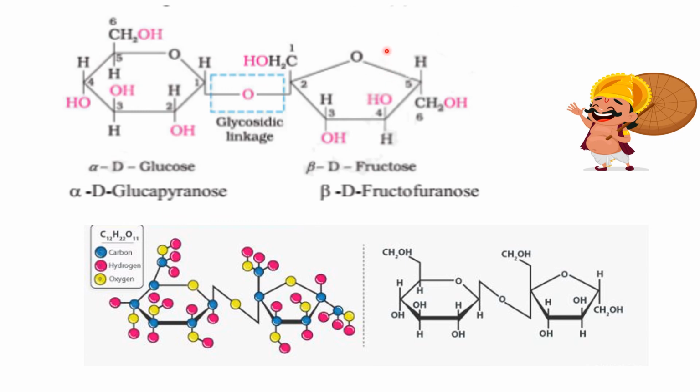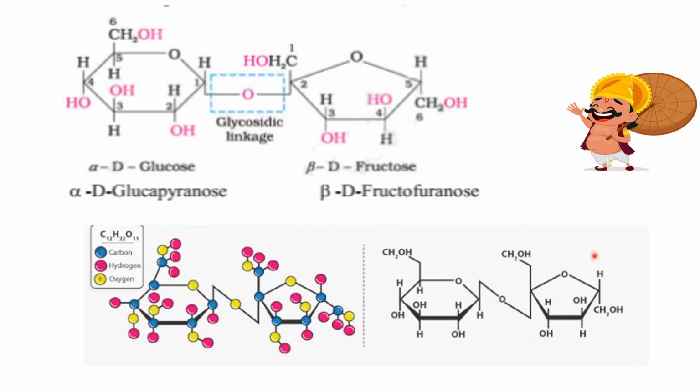Here in the reverse direction 1, 2, 3, 4, 5, 6. See here. So the first carbon atom of glucopyranose is combined with the second carbon atom of fructofuranose. This is happening here. See the structure here. Oxygen linkage. This yellow color is the oxygen linkage. So glycosidic linkage. See here, glycosidic linkage.